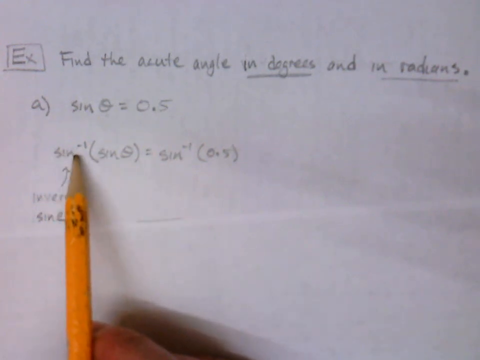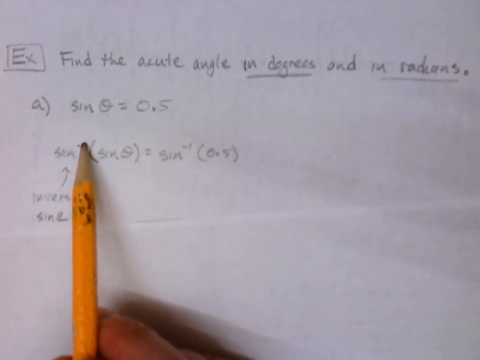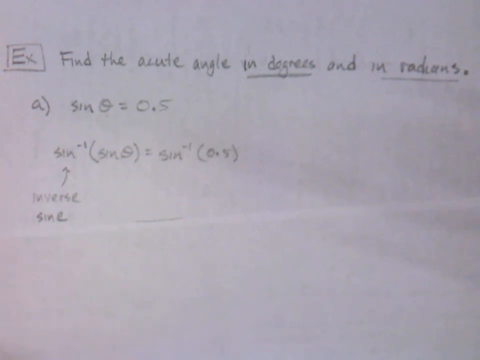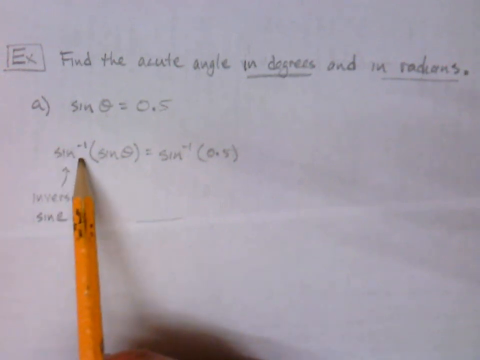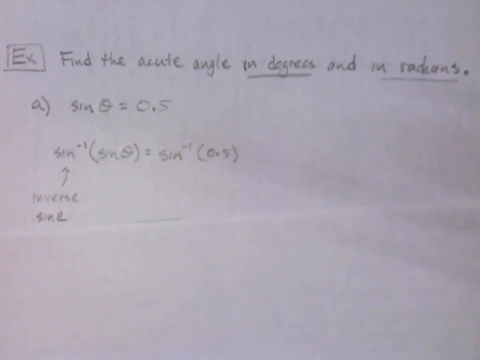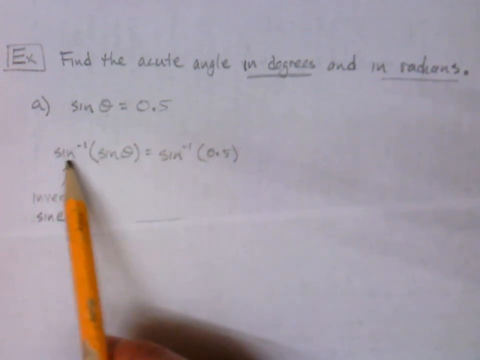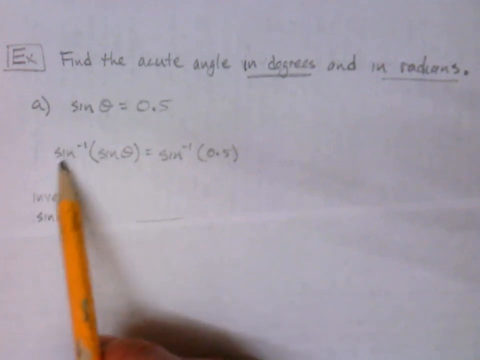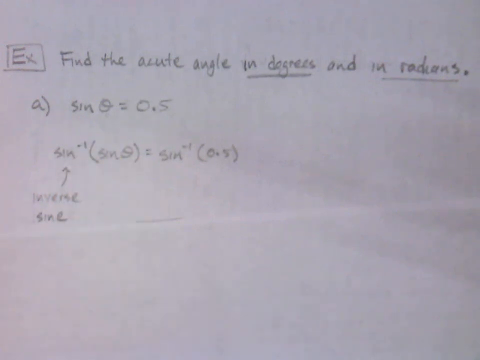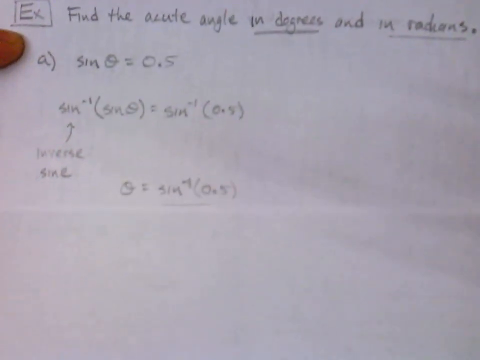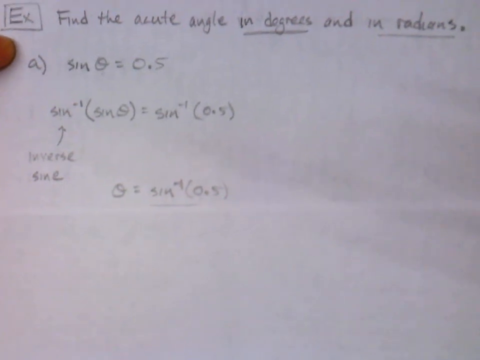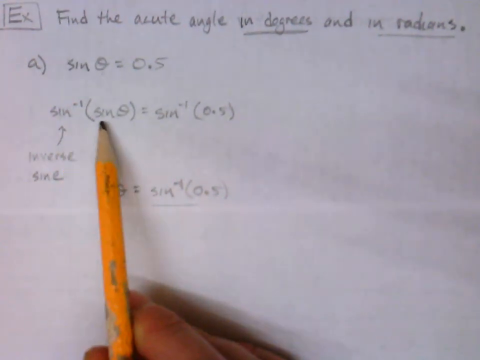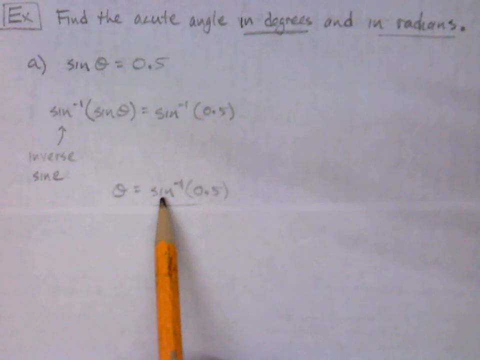So the inverse sine, and it almost looks like it's being raised to the -1. It's not. That's just the notation. Inverse sine both sides. Why do you think we would do that? Because sine and inverse sine are going to cancel each other out. And the next thing we would write is this. Those are gone, and I've got theta equals inverse sine of 0.5.